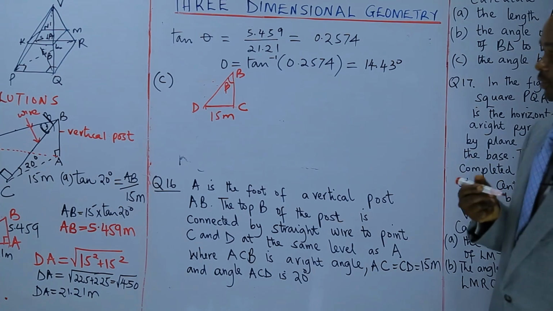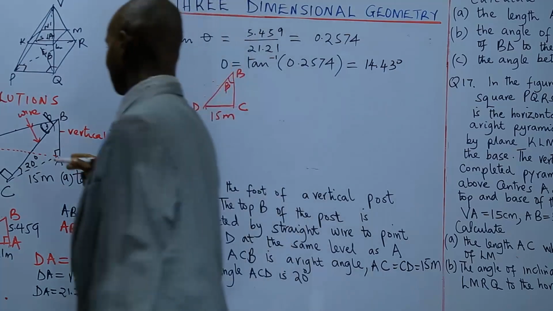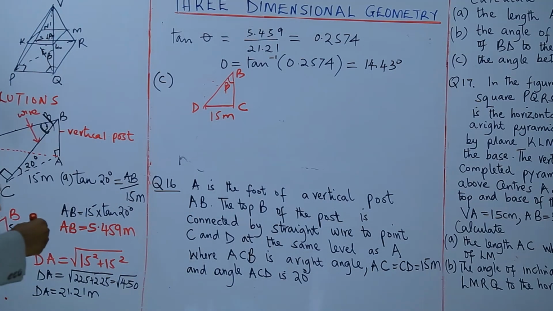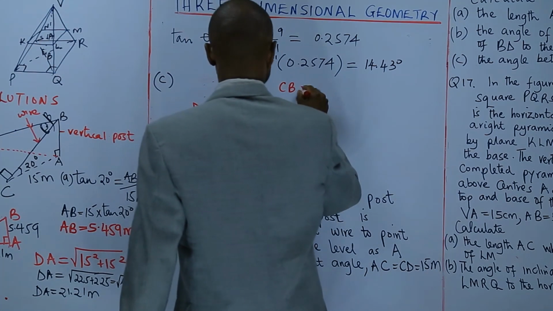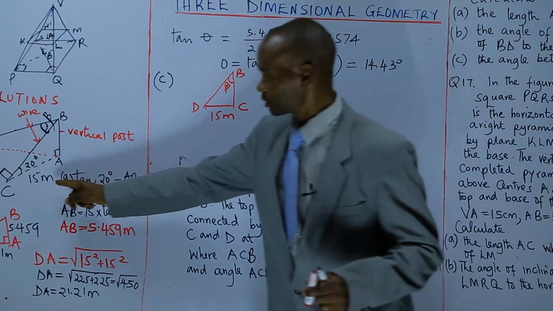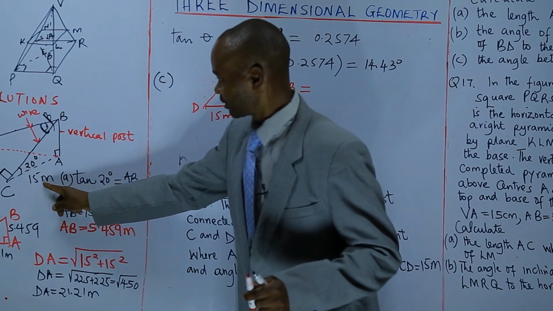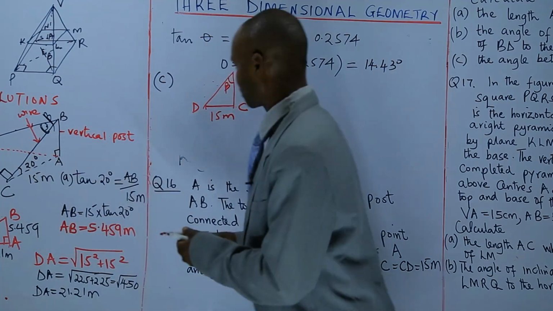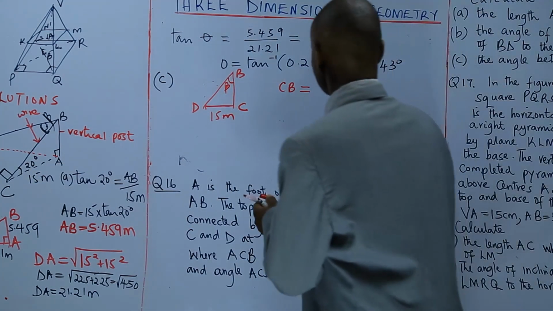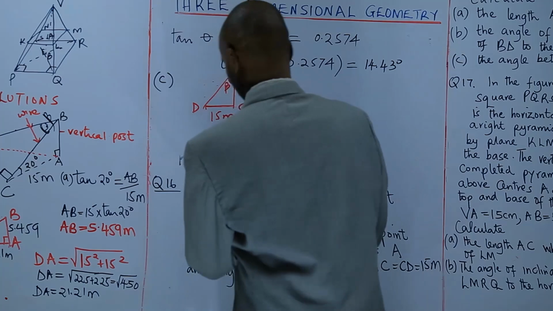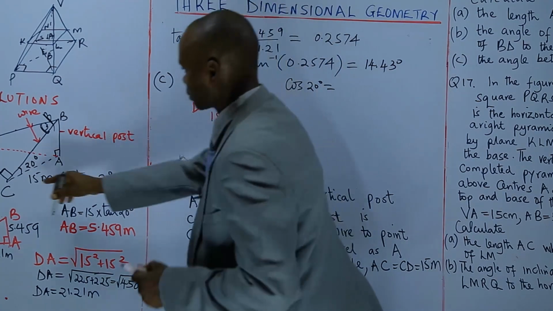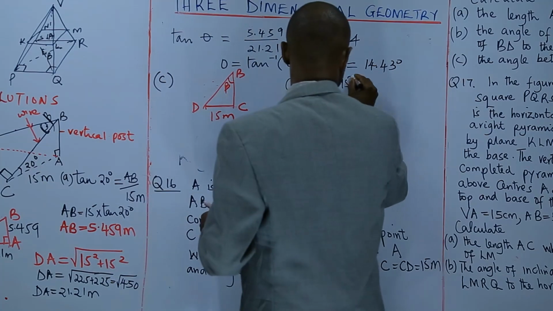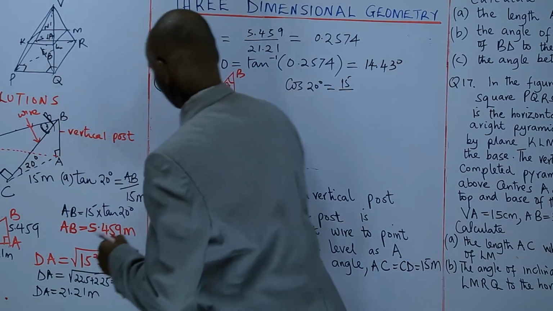So I should have two ratios in order for me to get it. I have this one, but I don't have that one. I should get CB. This is 15. CB, adjacent over hypotenuse. So you'll say cosine 20 degrees is equal to the adjacent, which is 15, over the hypotenuse, BC.